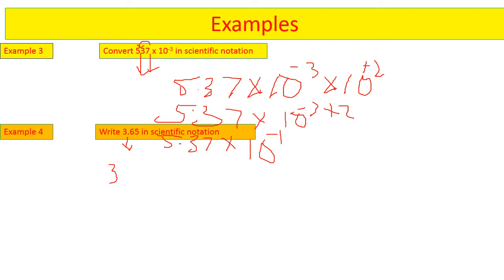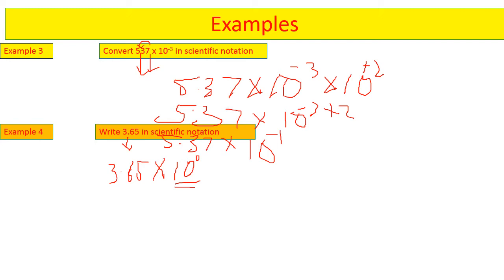So we write it as 3.65, and for the second condition we write 10 raised to power 0. Dear students, 10 raised to power 0 means 1.